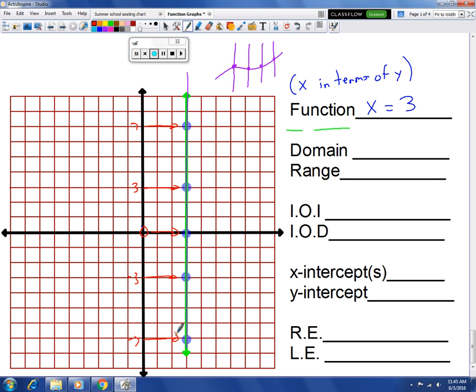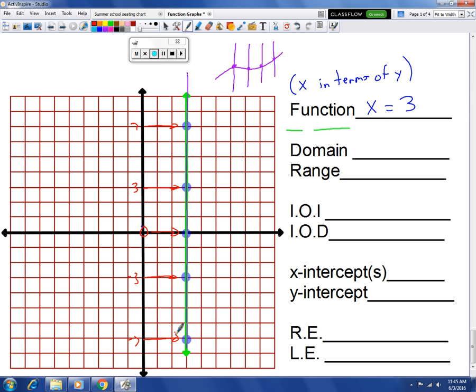Alright, just to go over this, because sometimes you'll get caught on this. What's the domain? Typically we don't say it has a domain and range because it's not a function of y in terms of x.